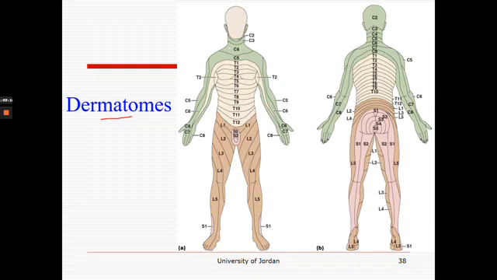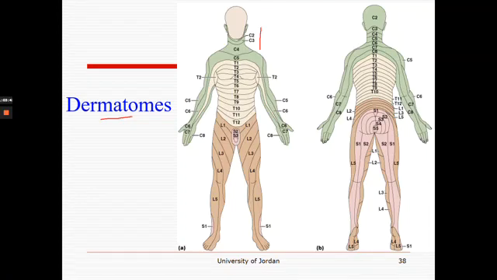These segments consist of 3 layers: endoderm, mesoderm, and ectoderm. From these, the spinal cord segments are developed, and we have 8 cervical segments, 12 thoracic, 5 lumbar, 5 sacral, and 1 coccygeal.